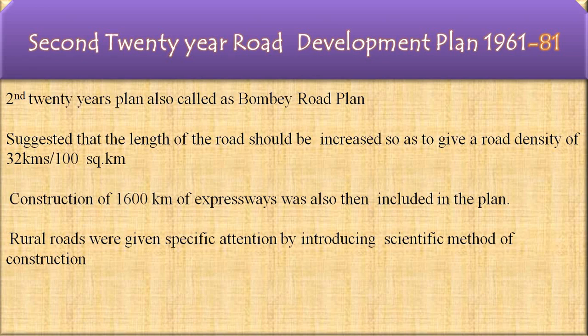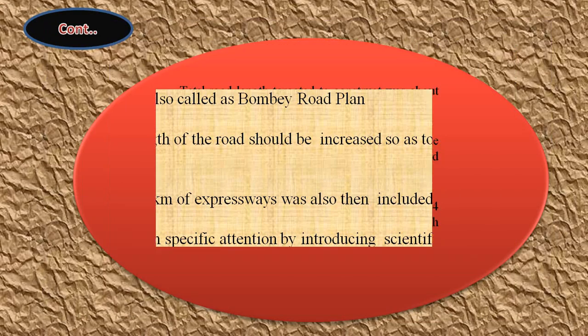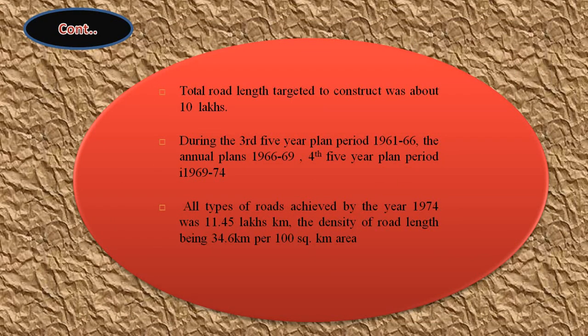Rural roads were given specific attention by introducing scientific methods of construction in the second 20-year plan. All types of roads achieved by the year 1974 totaled 11.45 lakh kilometers, the density of road length being 34.6 kilometers per 100 square kilometer area.